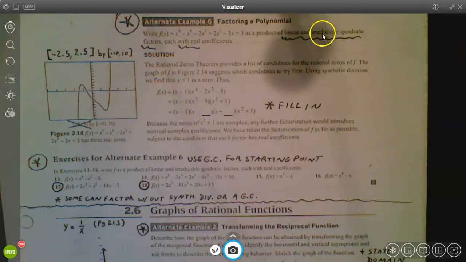So if I want irreducible quadratic factors, that means if I have any quadratics, they want me to break them down unless it creates non-real coefficients. So if I get non-real values, they want me to stop. But if it's real values, they want me to keep going. So here's what that looks like. So if you're to go through that whole process that we just talked about within our last problem, again, I have 5 zeros.